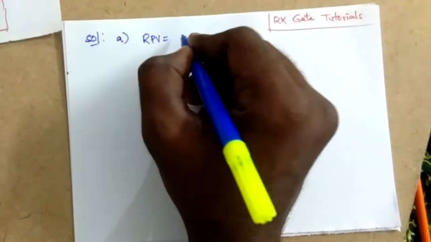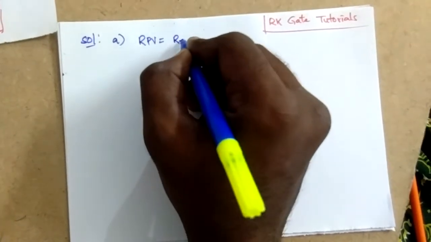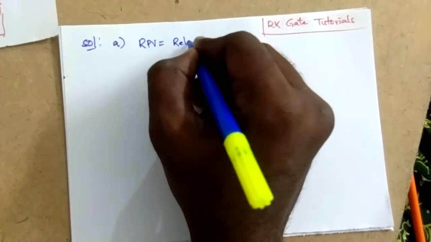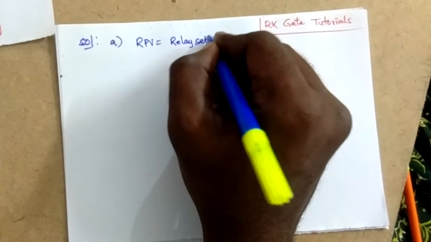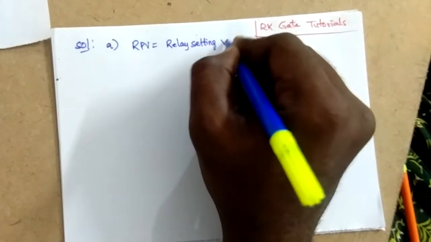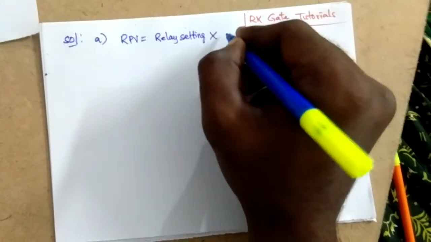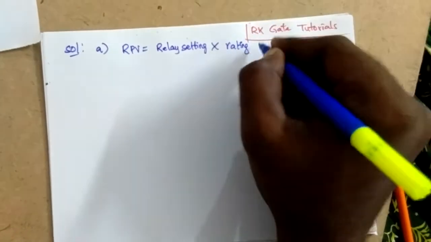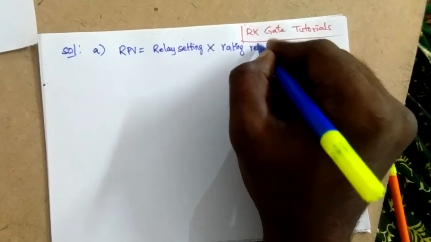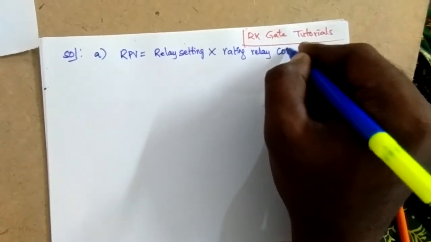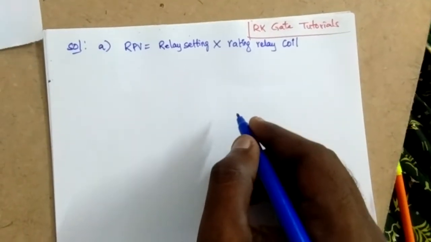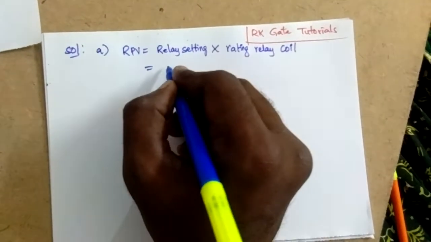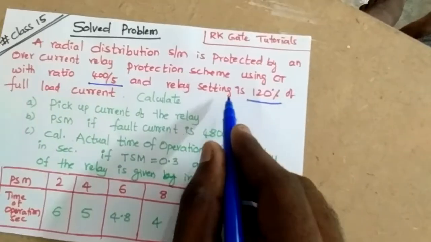It is the relay setting multiplied by the rating of the relay coil. The relay setting is given here, clearly, that is 120 percentage of full load current.